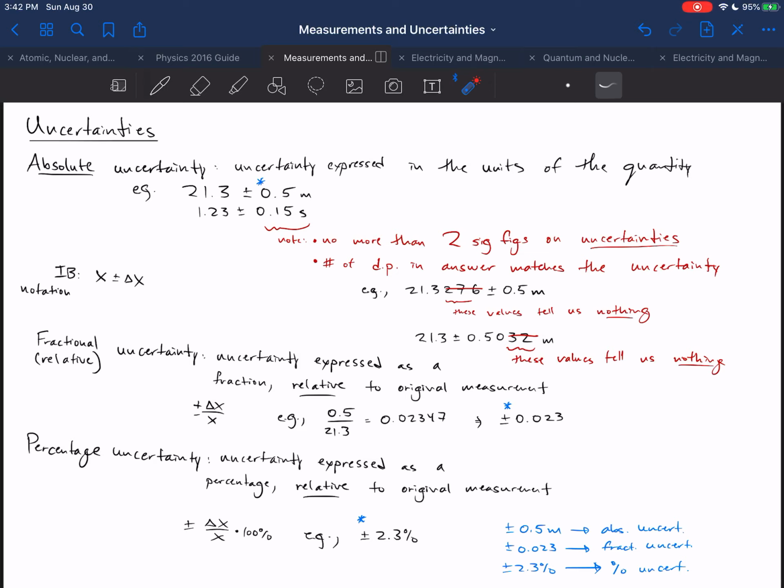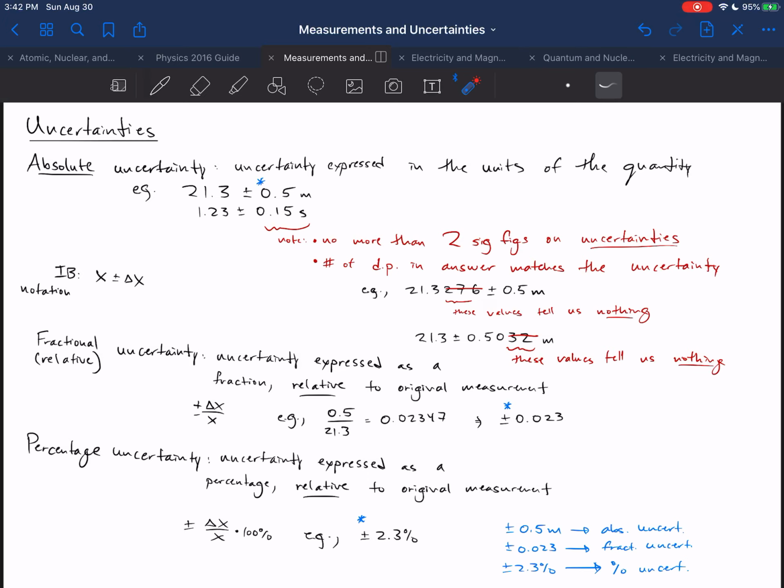It's an uncertainty represented in the units of the quantity. So 21.3 plus or minus 0.5 meters and 1.23 plus or minus 0.15 seconds are examples of using absolute uncertainty, representing absolute uncertainty.